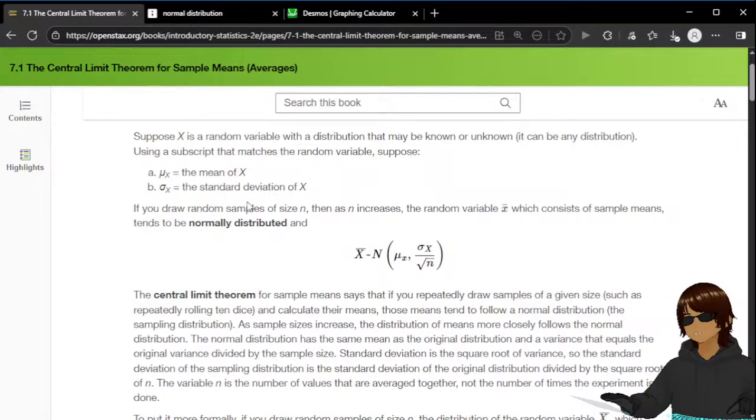If you run random samples of size n, then as n increases, the random variable x bar, which consists of sample means, tends to be normally distributed, with the mean mu x and standard deviation sigma x over root n.